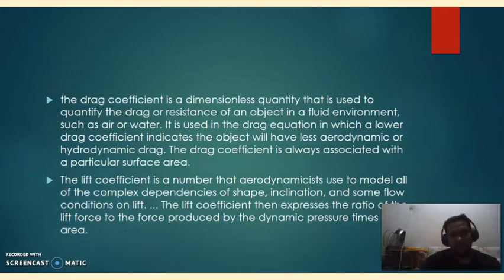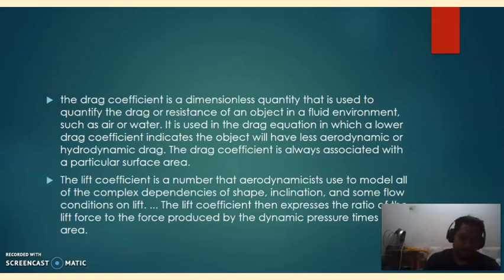The drag coefficient is a dimensionless quantity that is used to quantify the drag or resistance of an object in a fluid environment. The lift coefficient is a number that aerodynamicists use to model all of the complex dependencies of shape, inclination, and some flow conditions on lift.